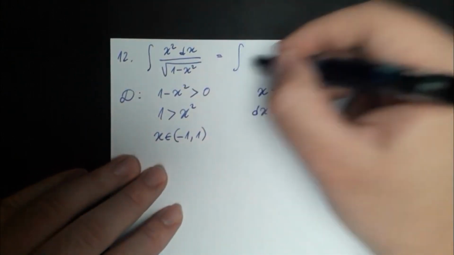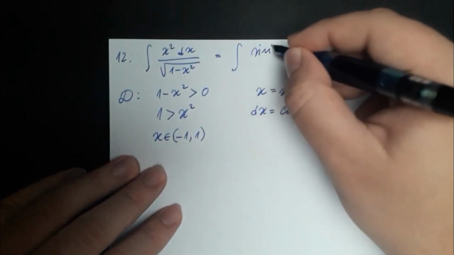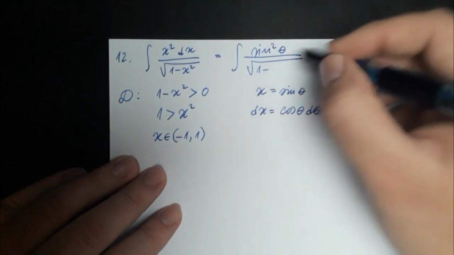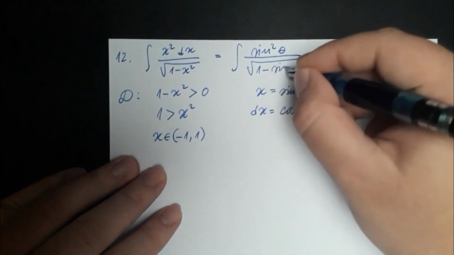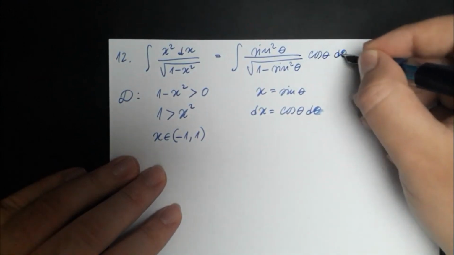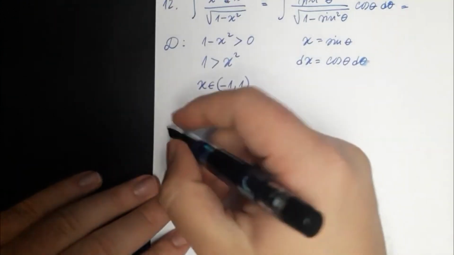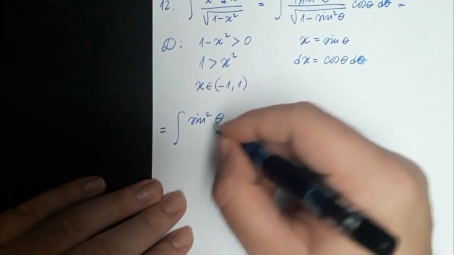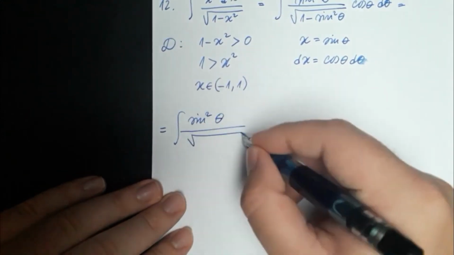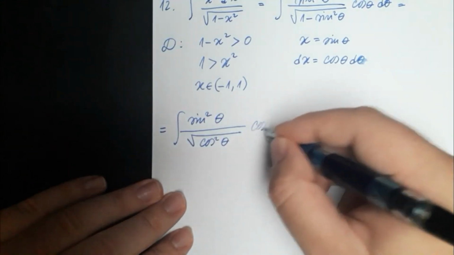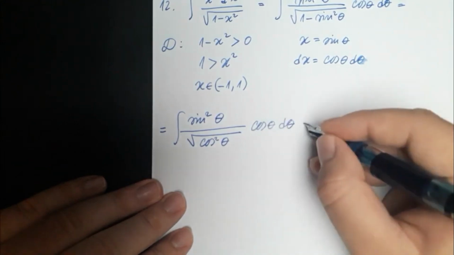This is then equal to an integral of sine squared theta divided by a square root of 1 minus sine squared theta, and we have cosine theta d theta. This is then equal to an integral of sine squared of theta divided by a square root of cosine squared theta times cosine theta d theta.